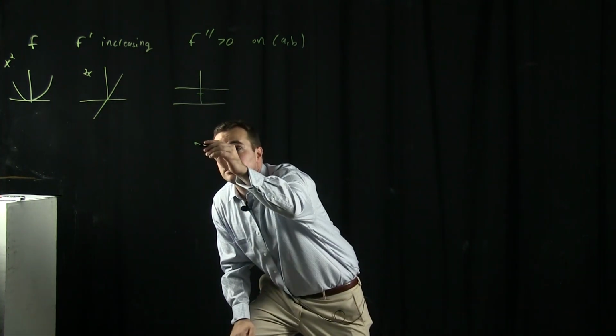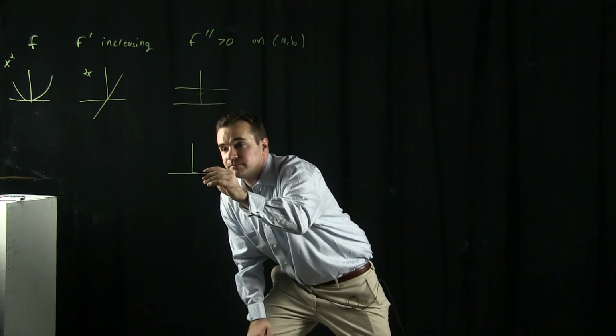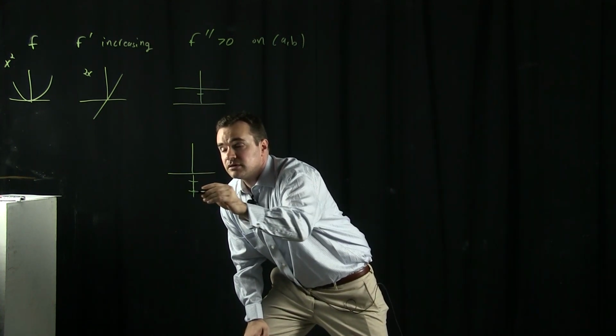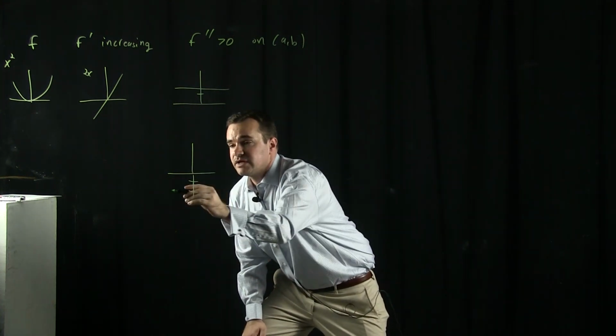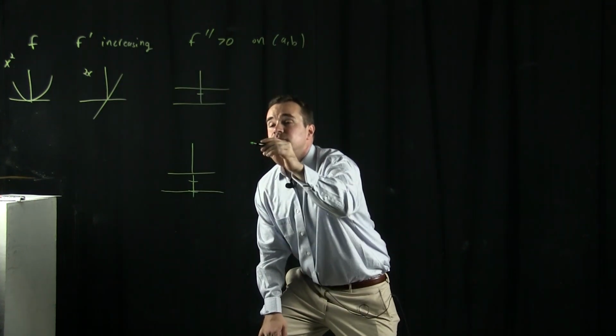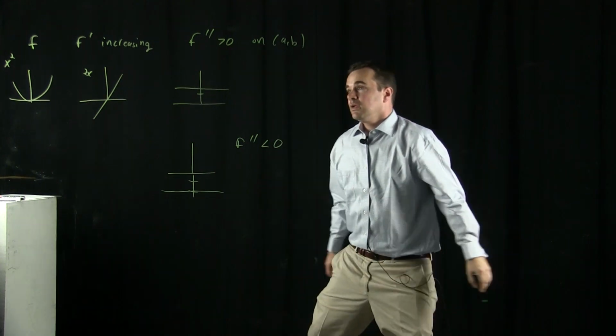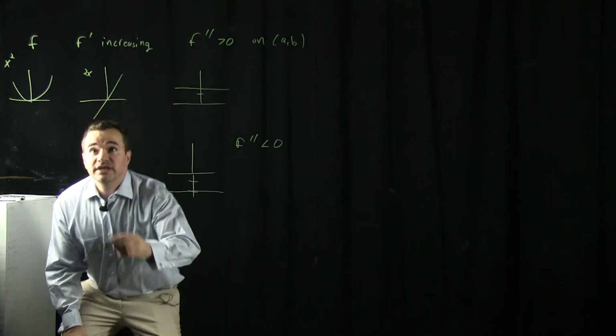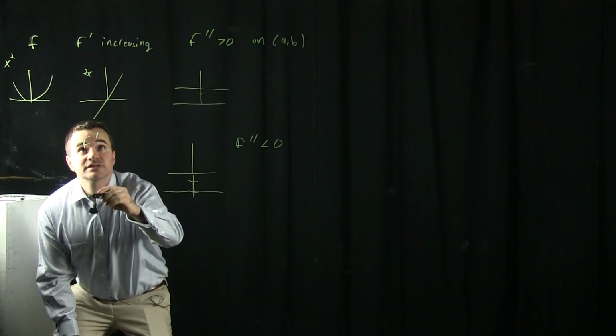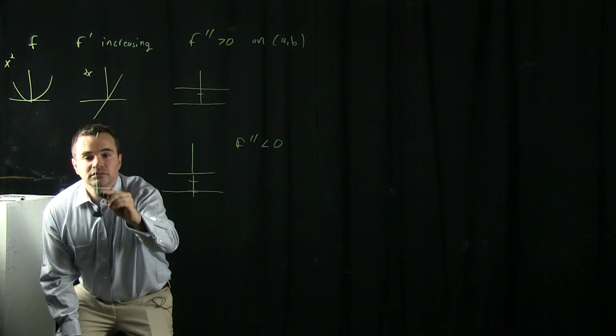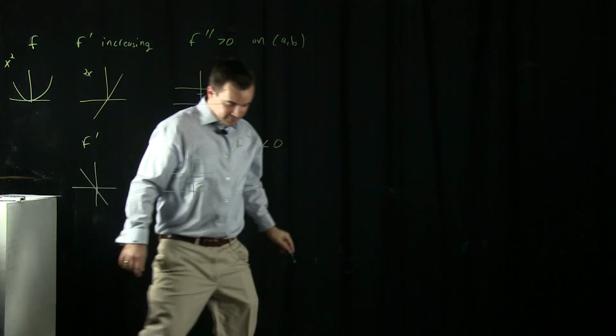Come down here, draw a schematic picture. Let's just use negative x squared. So the second derivative would be negative 2. And then if your second derivative is negative, that means your first derivative has to be decreasing, right?